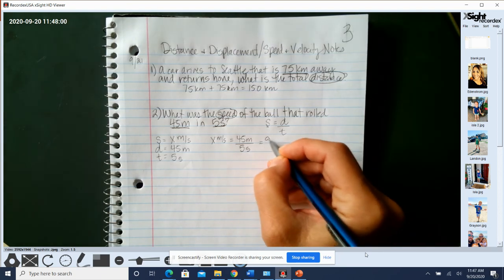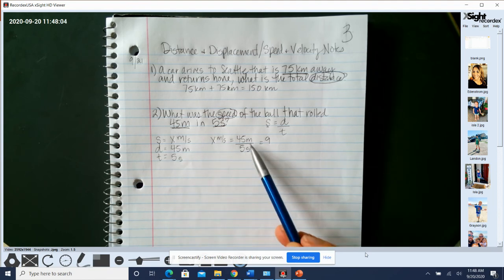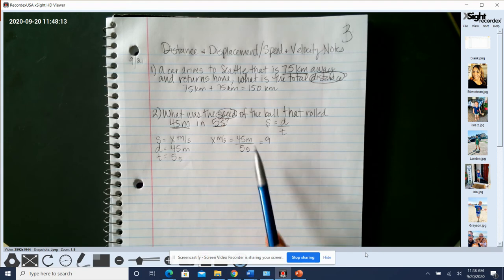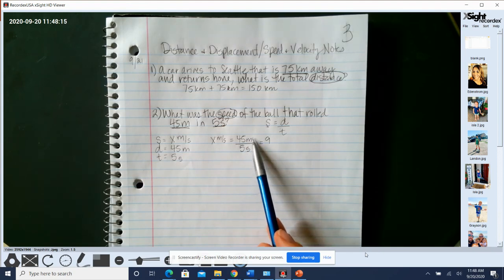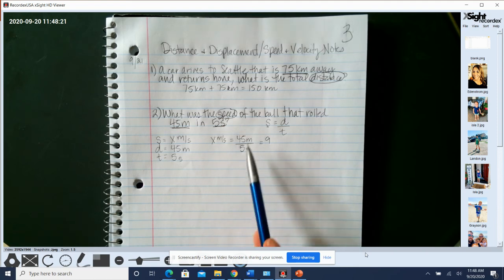Okay. Now, here's how the units work. We already know it's meters per second, but let's look at it mathematically. We have an M or a meter on top, and we have seconds on bottom. Now, we know in math, if something is on top and bottom and they're equal, we can cancel them. But since there is nothing equal, there's no meters on the bottom to cancel, and there's no seconds on the top, they have to stay.